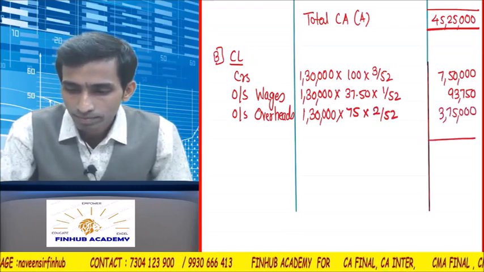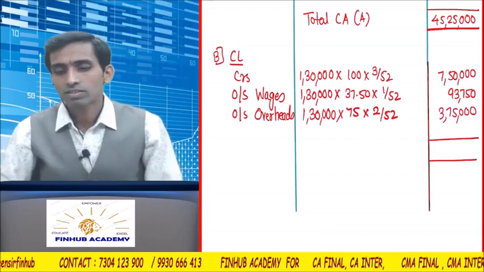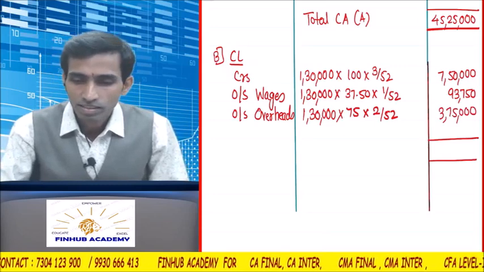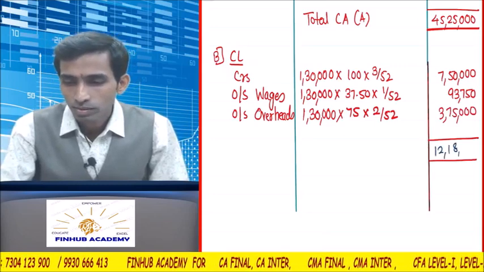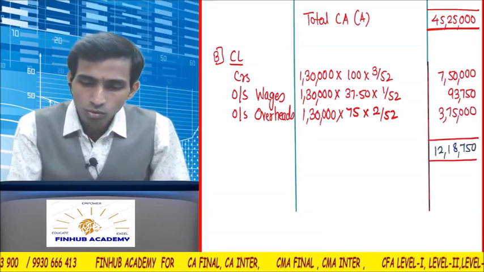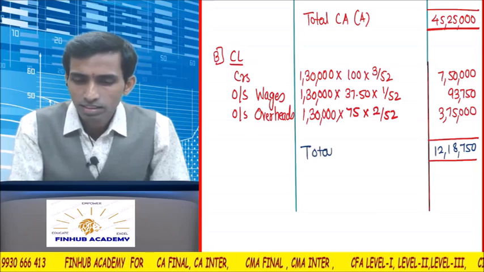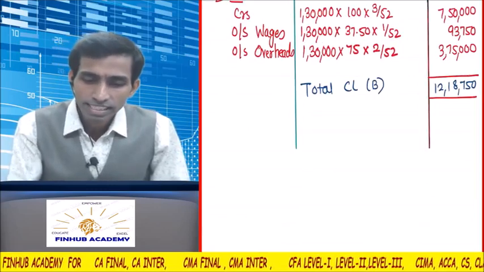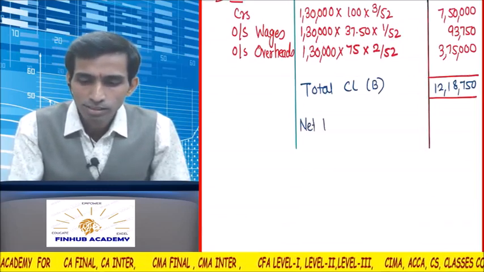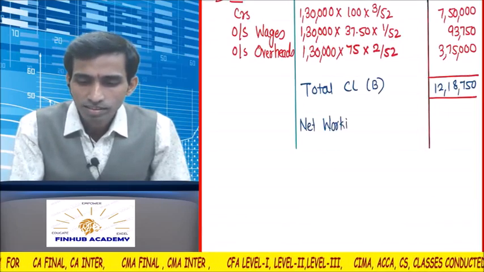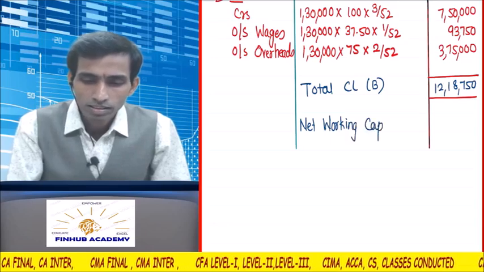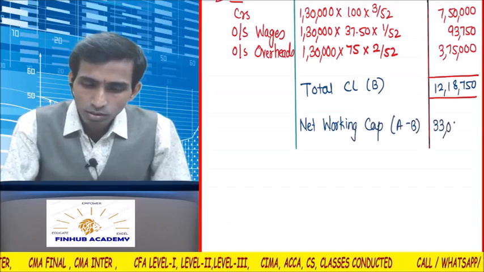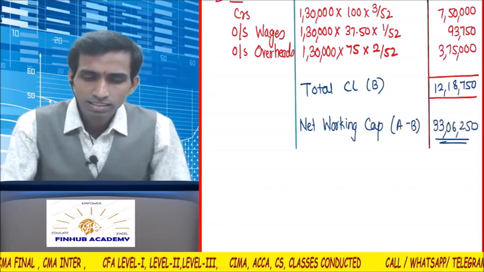Total 12,18,750. This is total current liability. Very easy sum. B. Okay. Net working capital, how much? A minus B. 33,06,250. Done. Easy. There was nothing new.